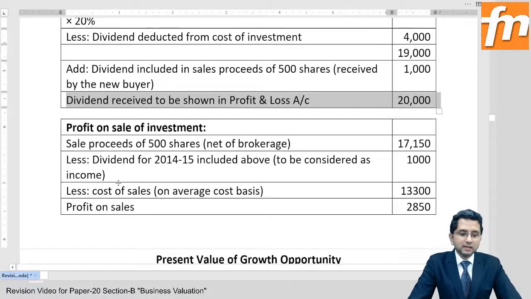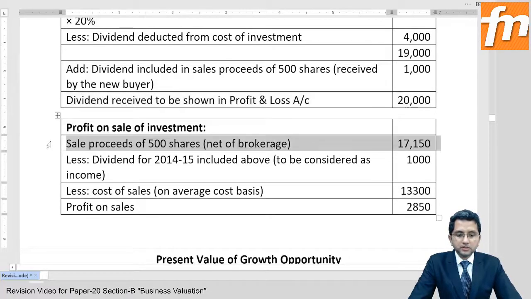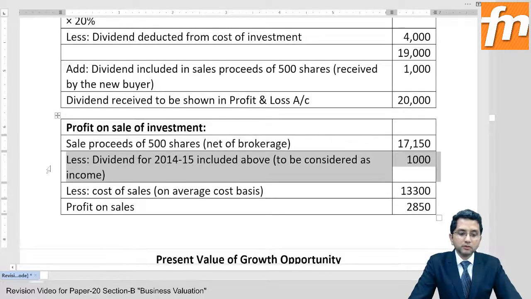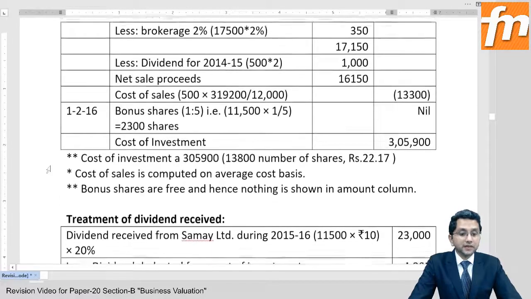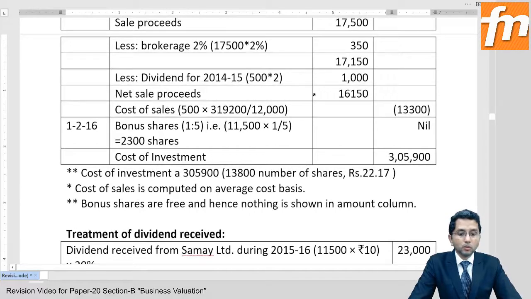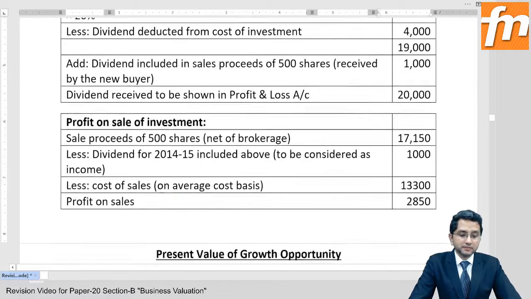Now, profit on sale of investment. I told you that your sale proceed net of brokerage is 17,150 less dividend was 1,000. So it was 16,150. Look here, it was 16,150 minus 13,300. Profit is 2850.